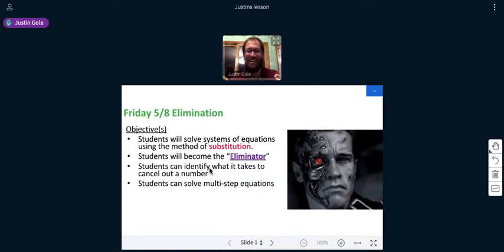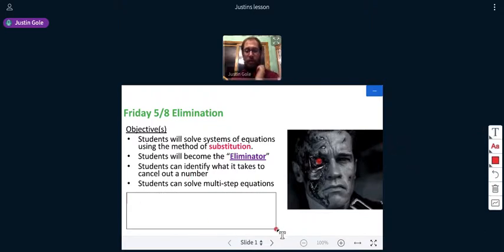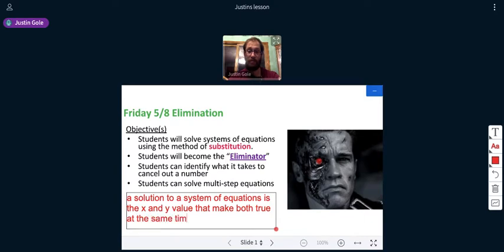So we have a handful of steps we're going to follow for the elimination method. You'll be able to identify what you need to do to cancel out one of your variables, and students can solve multi-step equations. Just real quick, something we want to remember is that a solution to a system of equations is the x and y value that make both true at the same time.